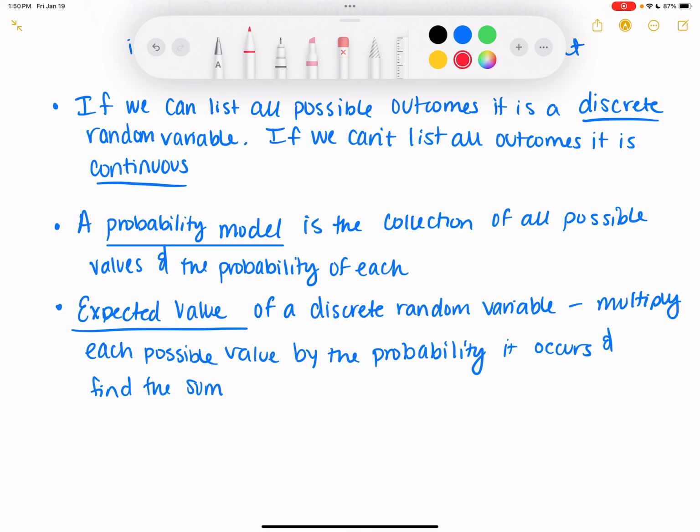This has a formula. Mu is equal to E of x, which is the expected value, which is the summation of x times P of x, which is the probability.